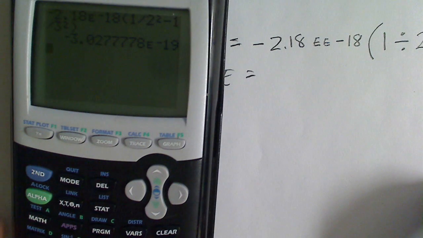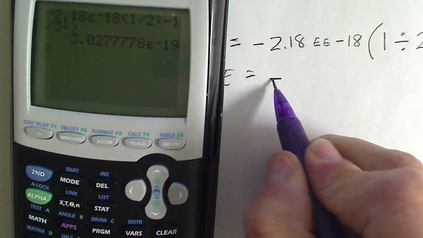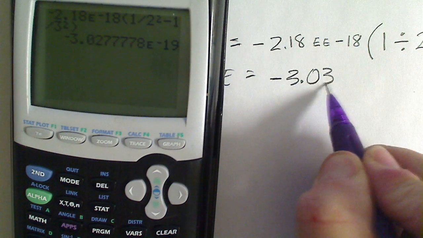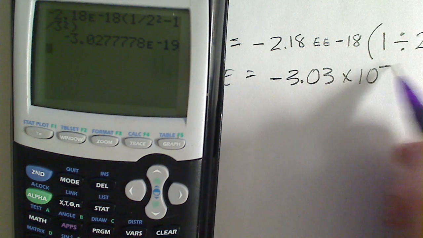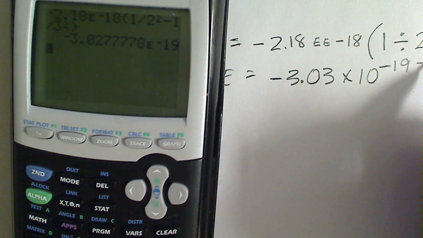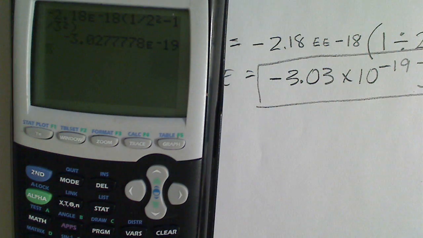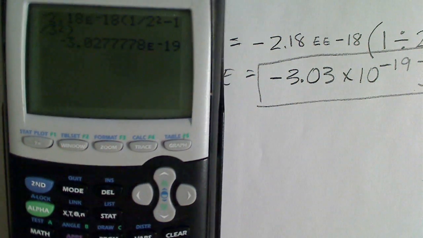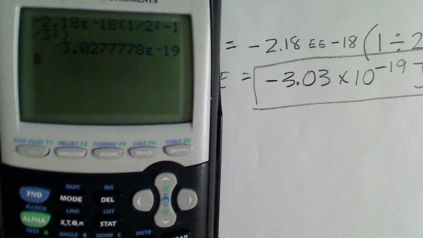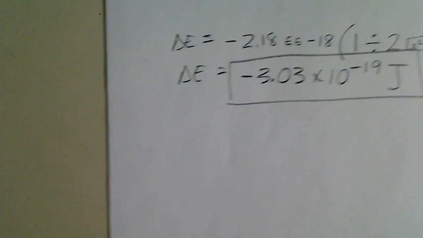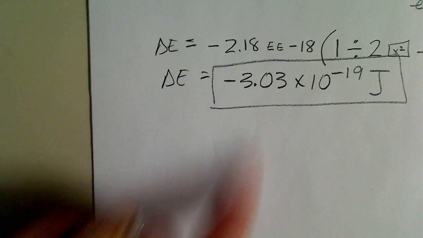So delta E equals negative 3.03 times 10 to the minus 19th joules. So it's a very small number, but that's because there's only one electron making that transition. And so the energy of that light would be this value.